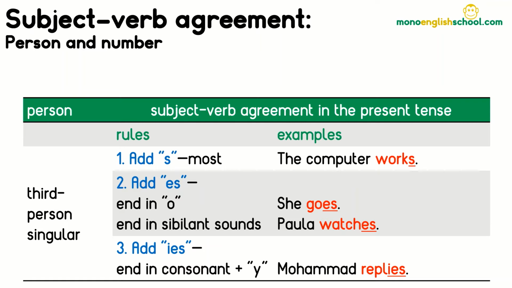The second is that if the verb ends in an O or a sibilant sound, which is a hissing sound, add an ES, as in, she goes and Paula watches. The third rule is to add IES to words that end in a consonant plus Y, as in, Mohammed replies.